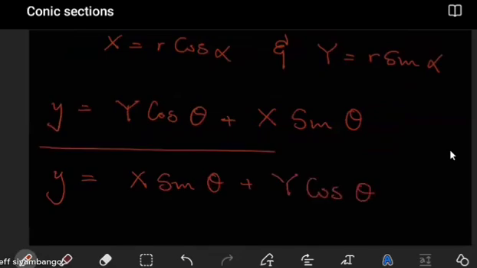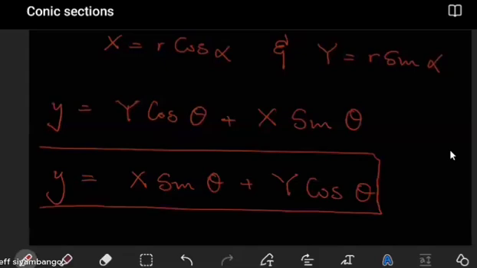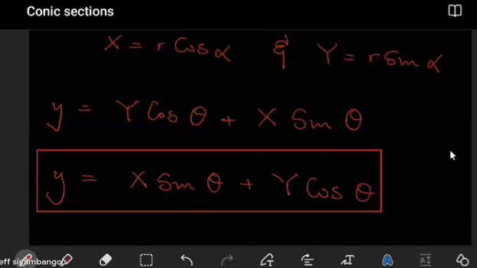This is how you come up with this relation. We did write this relation in our previous class, we just didn't show how to get to it. Now we have seen how to get to it. Any questions here?